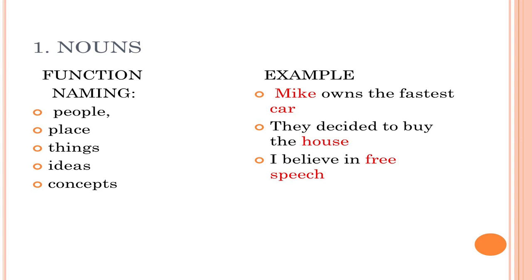So free speech is like a concept, like an idea. We call this kind of noun abstract noun. I'm sure you know what abstract nouns are, and I'm also sure you know other types of nouns which we will look at later on in subsequent classes.